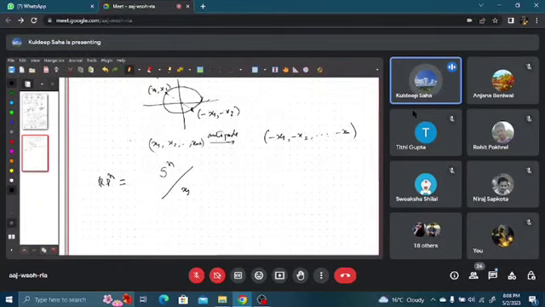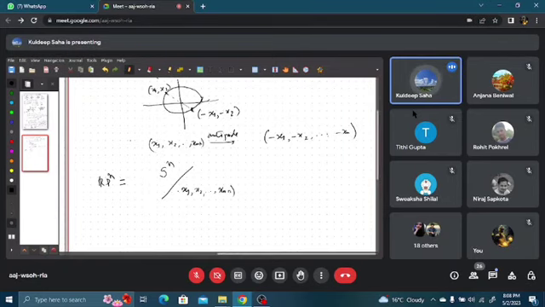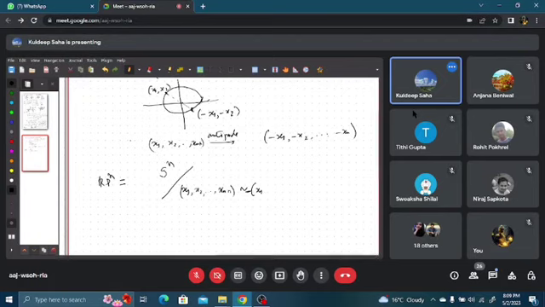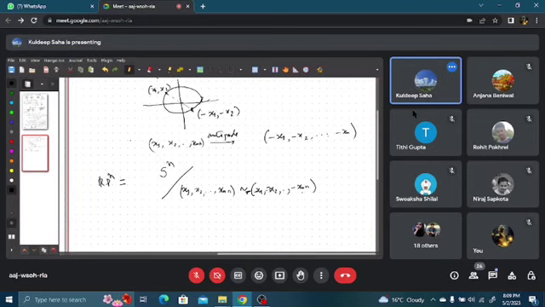So (x1, ..., x_(n+1)) is identified with (minus x1, minus x2, ..., minus x_(n+1)). Identified means that by hand you can just glue those 2 points. You can use a kind of glue and just declare that these 2 points are the same.